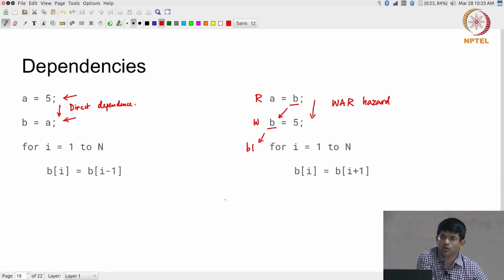It will take only that old value of B. And anyway, I am using B1 is equal to 5 and then using B1 from there onwards, it will give me the correct behavior, right. So this is essentially something called single assignment operation, right. Any variable can be assigned only once.